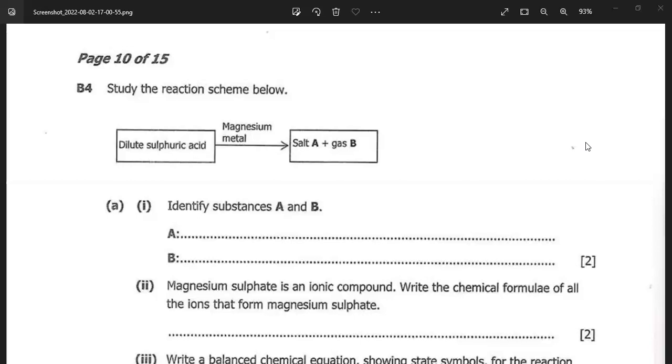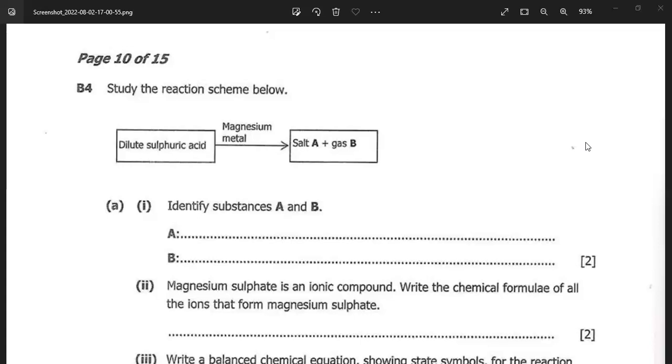When an acid reacts with a base, what is formed? When an acid reacts with a metal carbonate, what is formed? These are the things that you should know in general, because you can't memorize all the reactions. So the most important thing is to just know them in general.